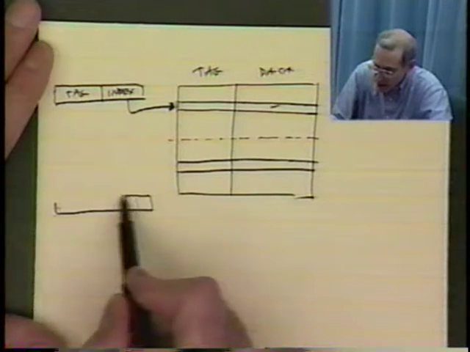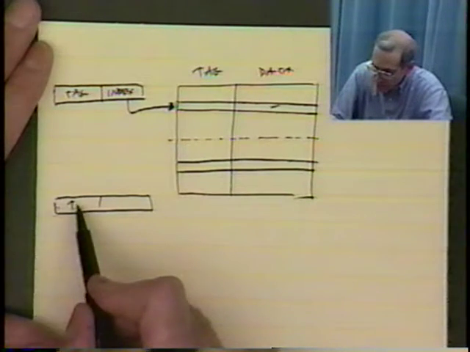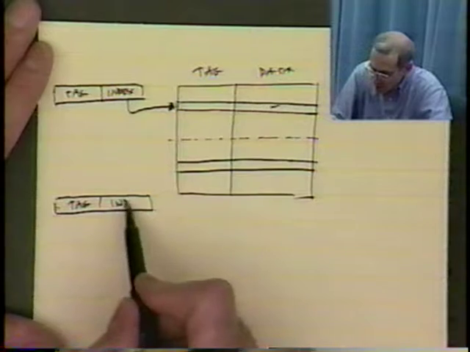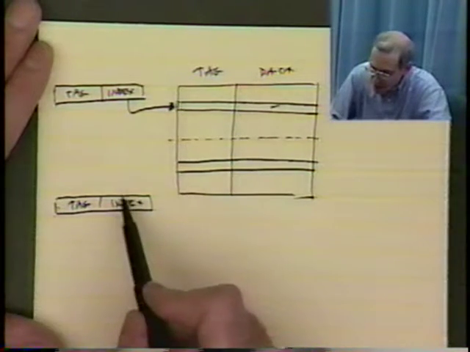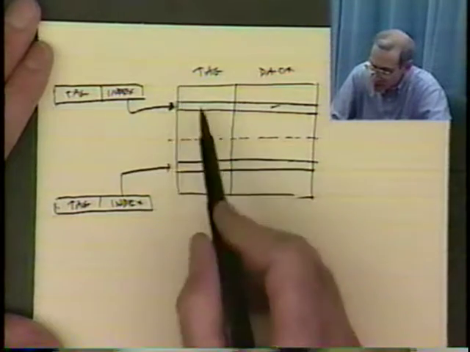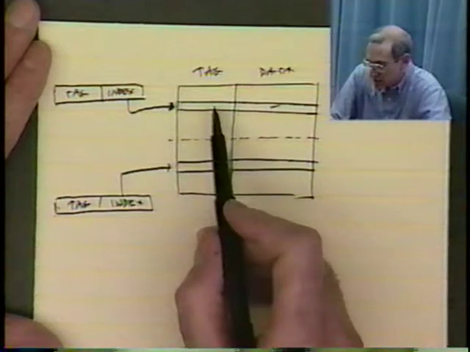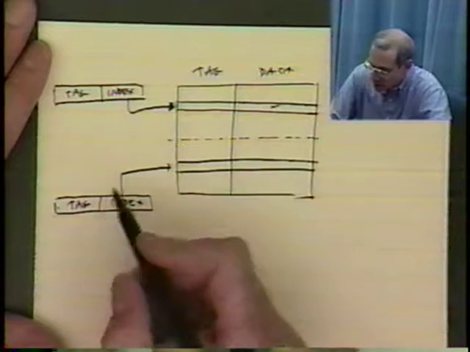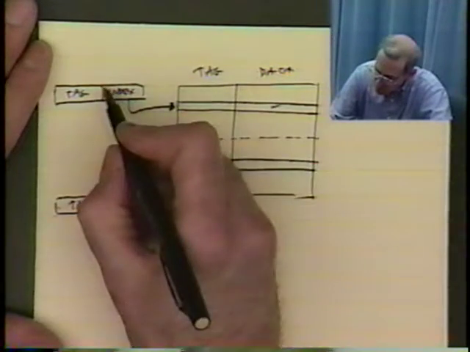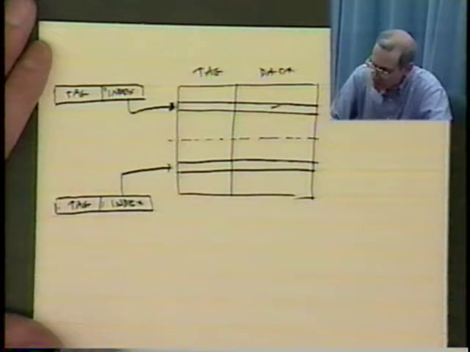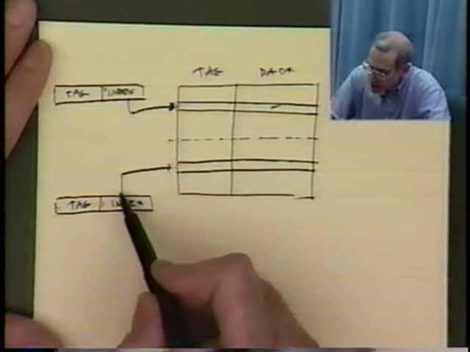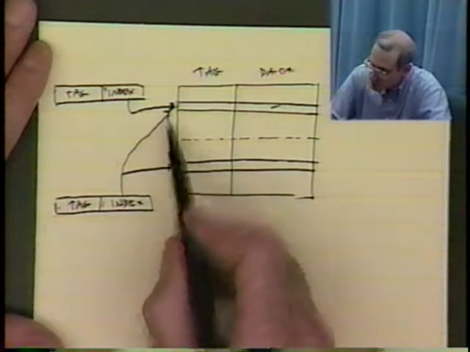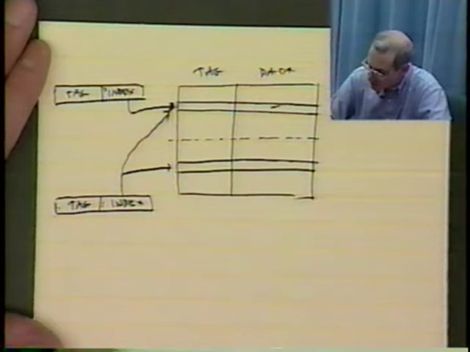We might pick another address, and let's say that it initially maps into the pair of this item, which is to say that these indexes are the same except that they differ by the high order bit. So this has a 1 in the high order bit, and this has a 0 in the high order bit. Well, let's say that we wind up rehashing this entry into that entry for some reason.